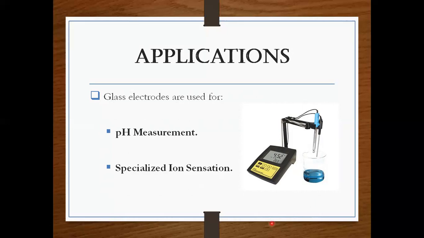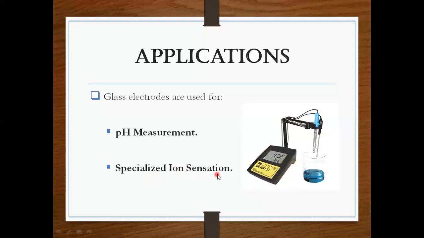So moving towards the applications, glass electrodes are used for pH measurement. As I described in the working principle section, when we couple the glass electrode with a reference electrode and a potentiometer or pH meter, we determine the pH of an unknown solution.